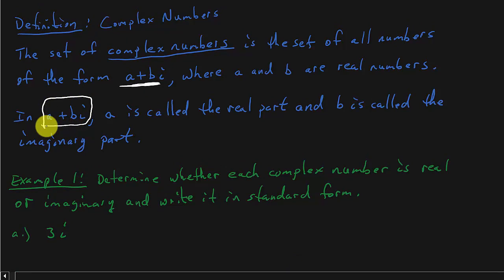It's important that you do that, and the reason I say that is because in other math courses, you'll work with complex numbers, and a lot of times we need to be able to identify what a is, and we need to be able to identify what b is.